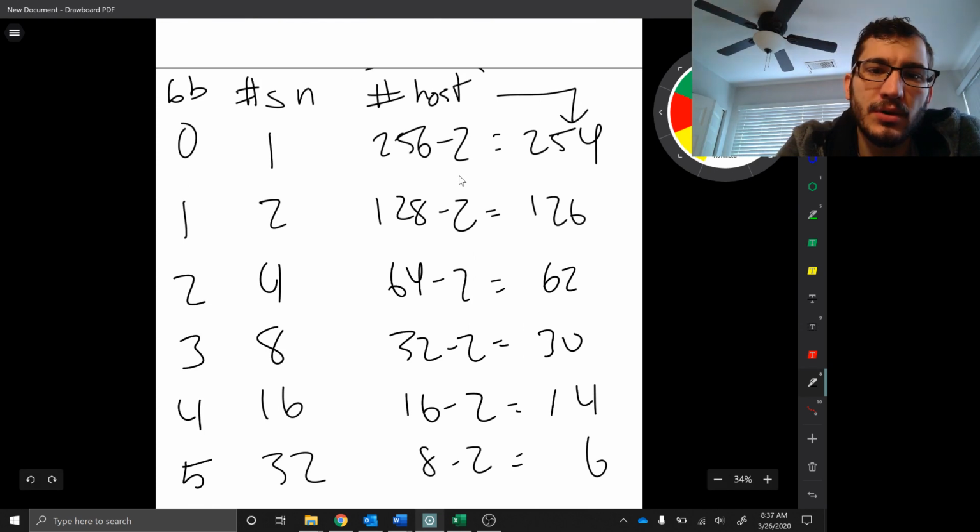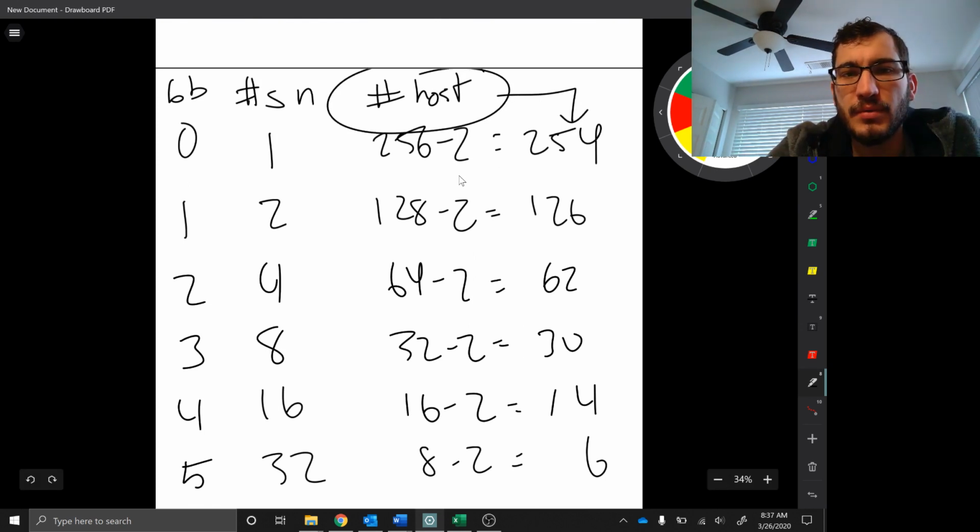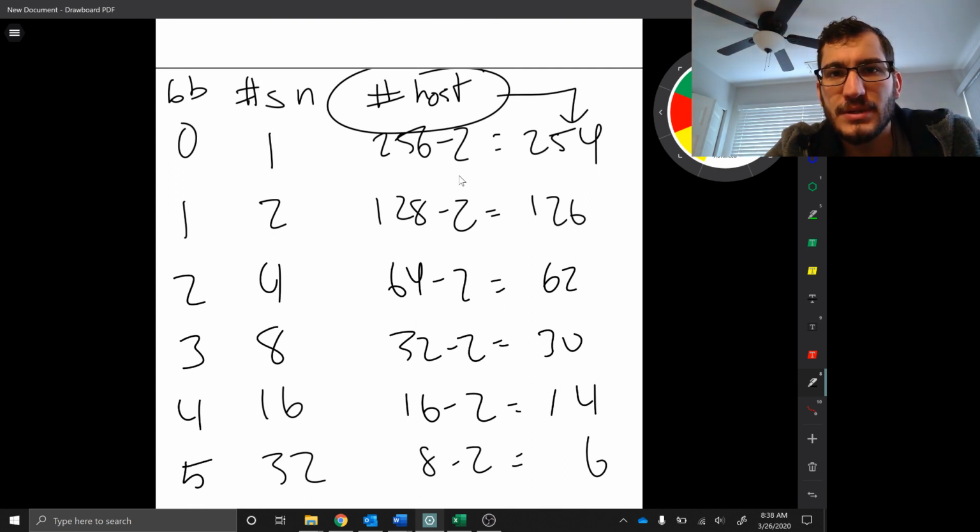Now when I say number of hosts, that is not the number of IP addresses. This is a very tricky thing, and I will use it on quizzes, that there is a huge difference between the number of available IP addresses and the number of available hosts. The number of available hosts is always 2 less than the number of IP addresses.